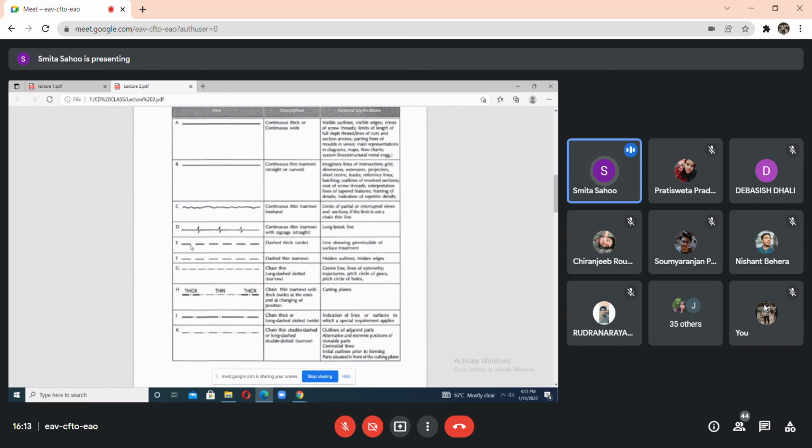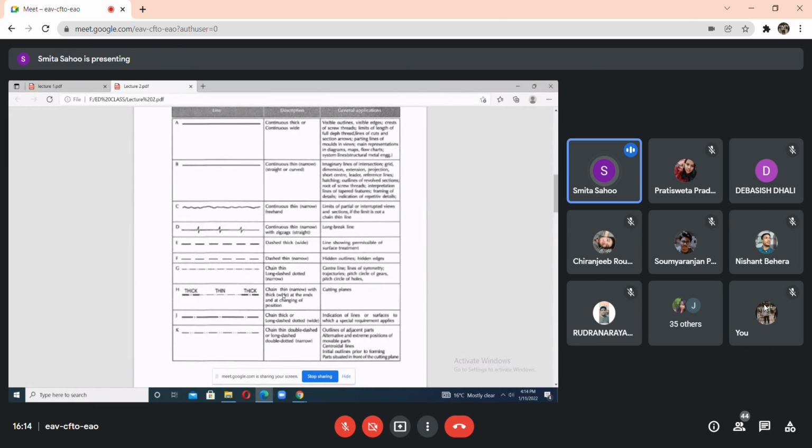Then we have this dashed thick. The width is a bit thick, and they're dashed, meaning it's given in intervals. Then you have the dashed thin, and then the chain thin narrow dash dotted. This is usually used for center lines. You can see one dash and a dot over here.